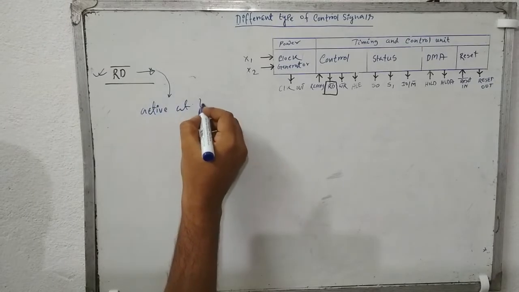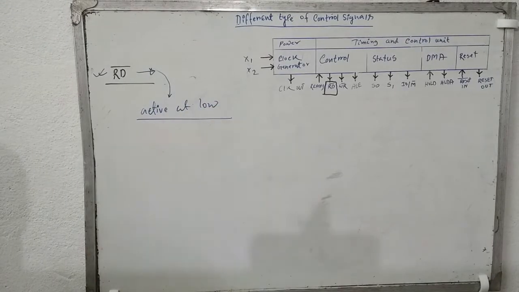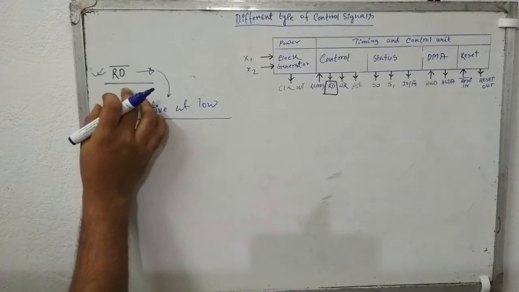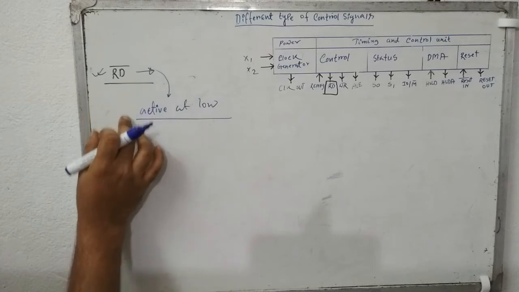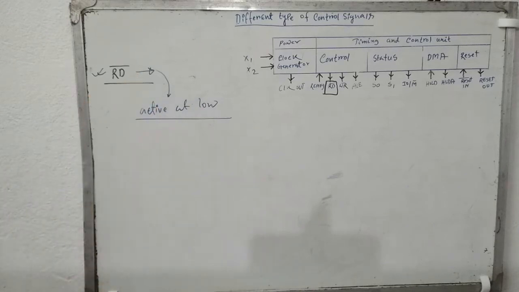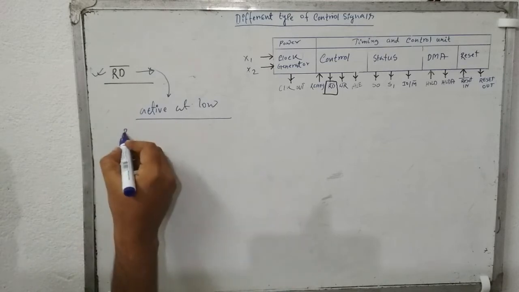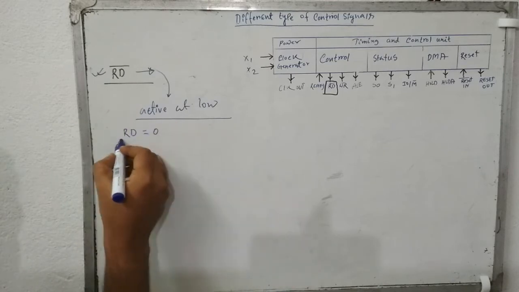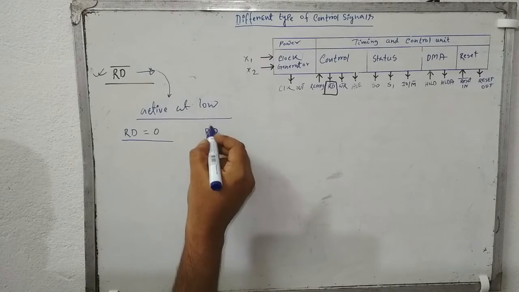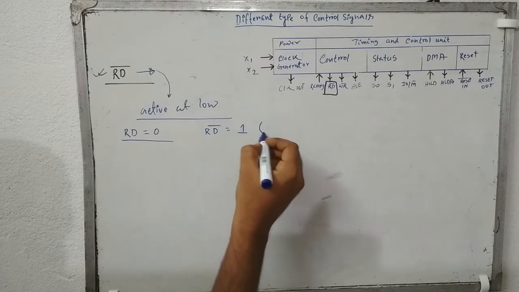What does it mean? It means the signal will be activated when it gets a low value. If RD bar is 0, that means it is active.